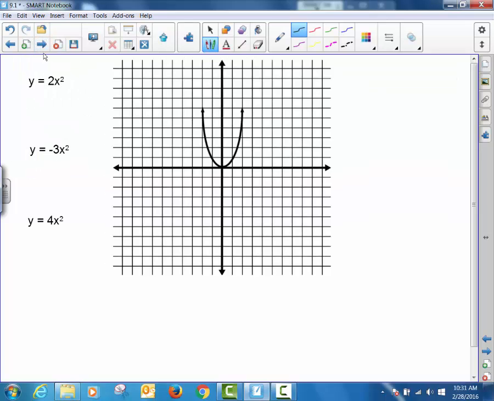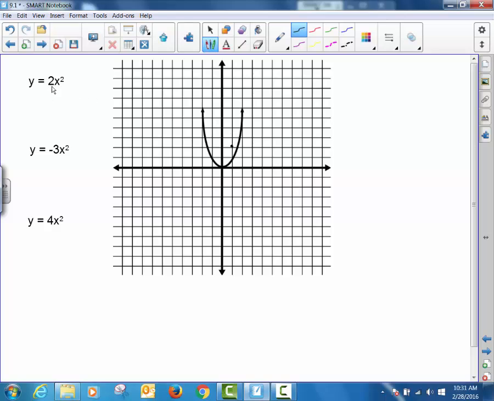All right, we've got the parent function here. Now let's see what these would look like compared to it. We've got y equals 2x squared. If I let x equal 0, what will y be? 2 times 0 will be 0. So it starts out at the same place. If I let x equal 1, then 1 squared is 1, times 2 is 2. So at 1, y will be 2.